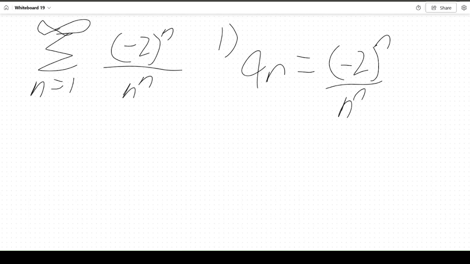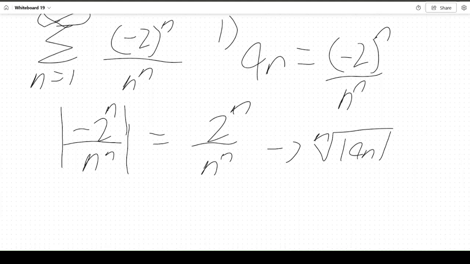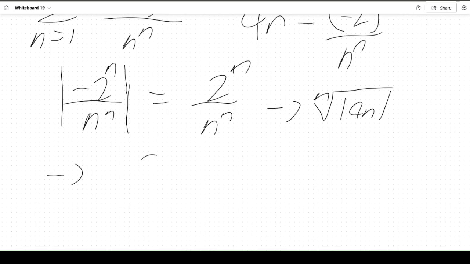The second step is to take the absolute value of all of this. It will be turned into a positive, so this would be 2n over n to the power of n. And now is the fun part. We take the nth root of a_n, and this will just be like this.